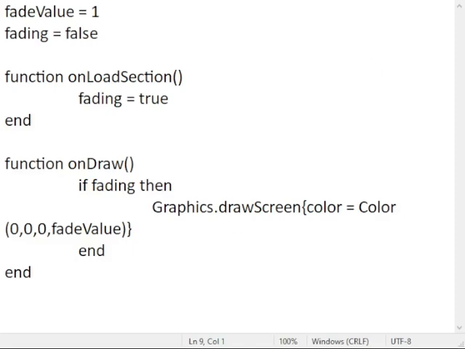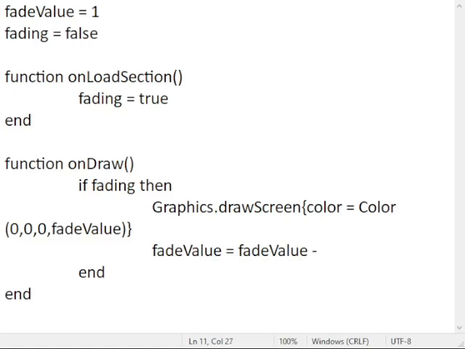That means we stay at unfaded. To fix this, we decrement the fade value. What to decrement it by is a matter of personal opinion. Lower values equals lower fade, higher values equals faster fade.